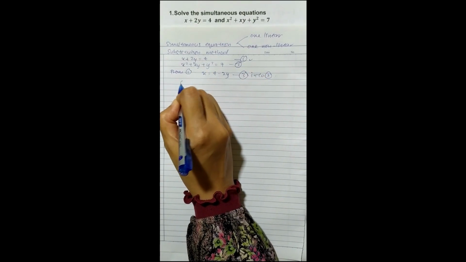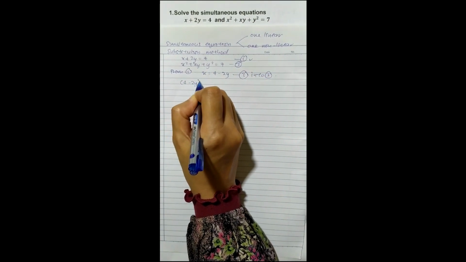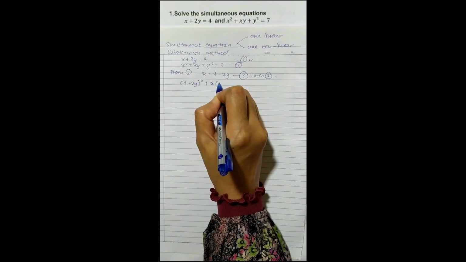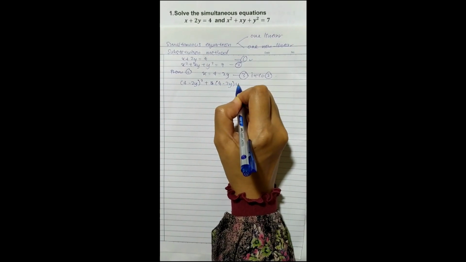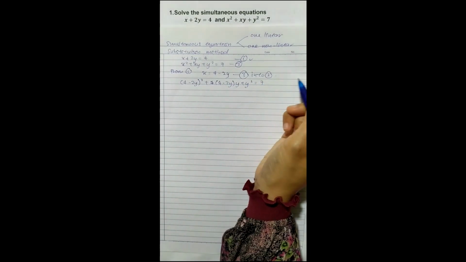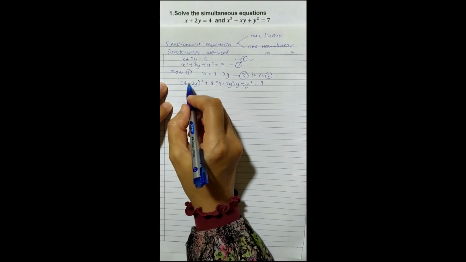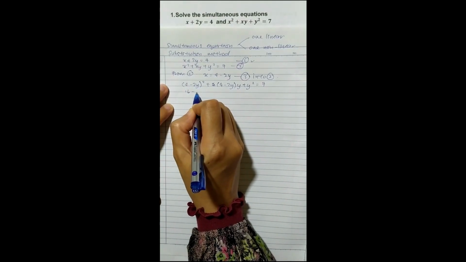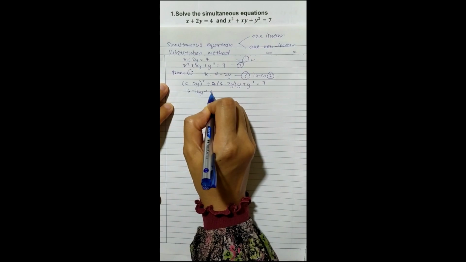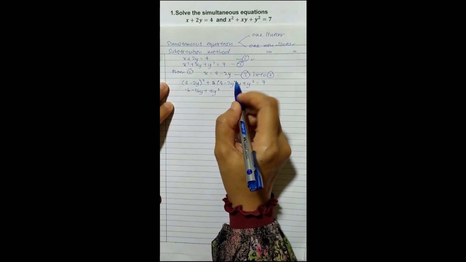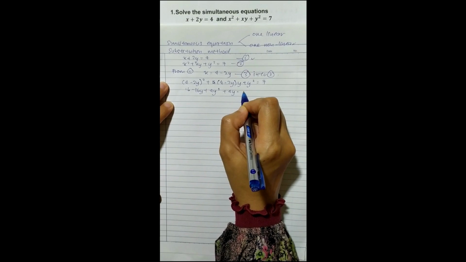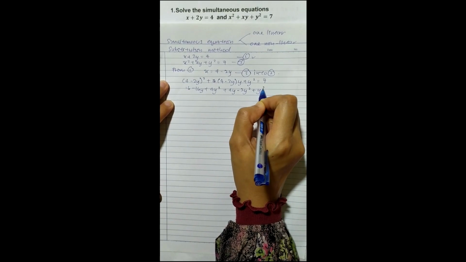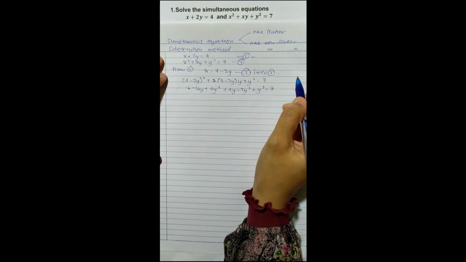So here we have (4 minus 2y) squared plus (4 minus 2y) times y plus y squared equals 7. We expand this one, we get 16 minus 16y plus 4y squared, and then y times 4 is 4y, minus 2y squared, plus y squared equals 7.